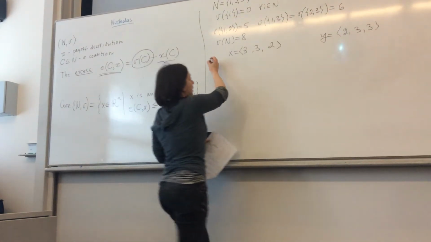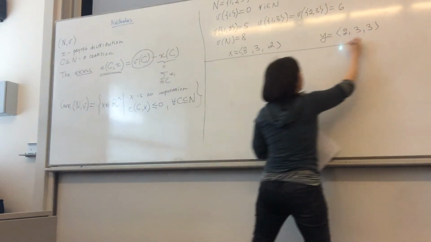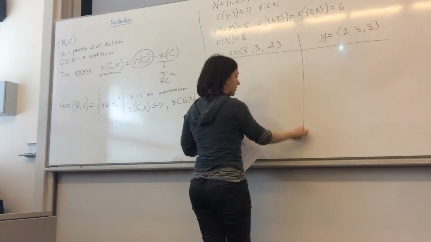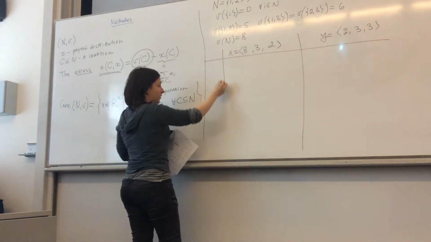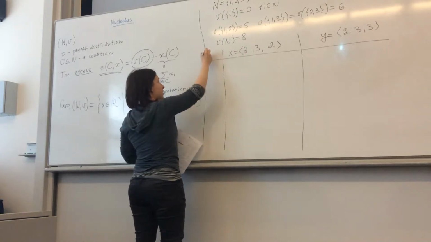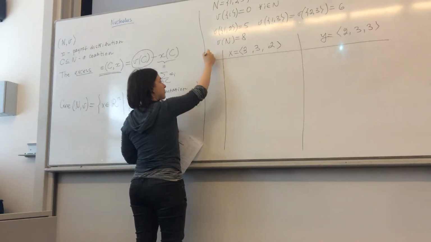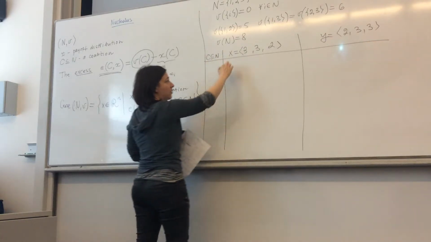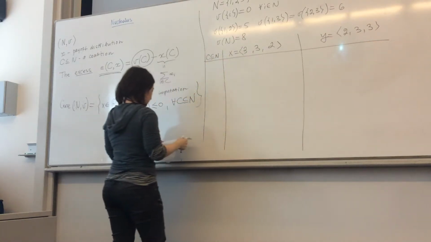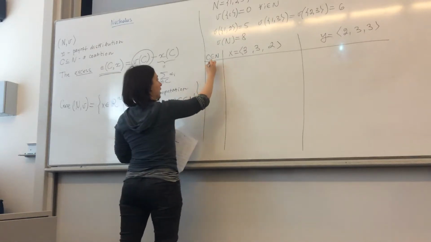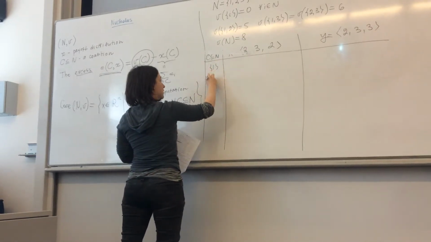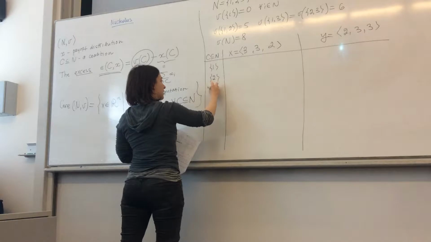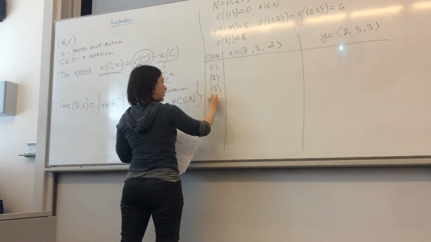So first, let's compute the excesses for each coalition under these two vectors. So that would be for each coalition of the agents. I'm going to compute the excess of this coalition here. Okay. So we have the singletons, and we have the pairs.